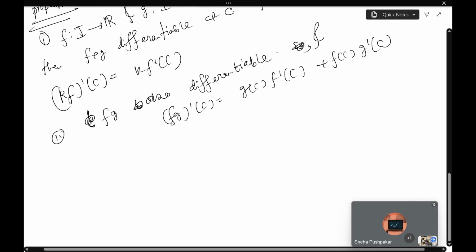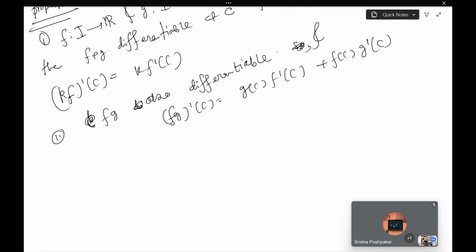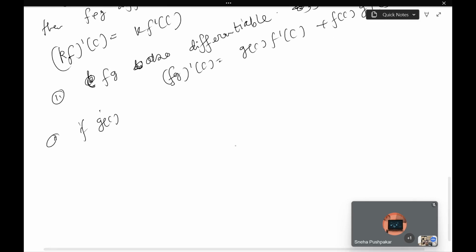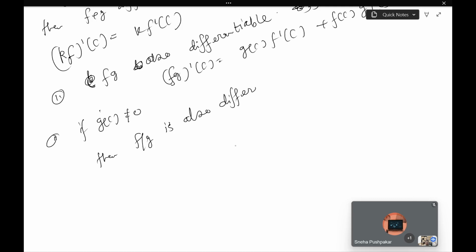Now also, if g(c) is non-zero, then f by g is also differentiable. What is its derivative at c?